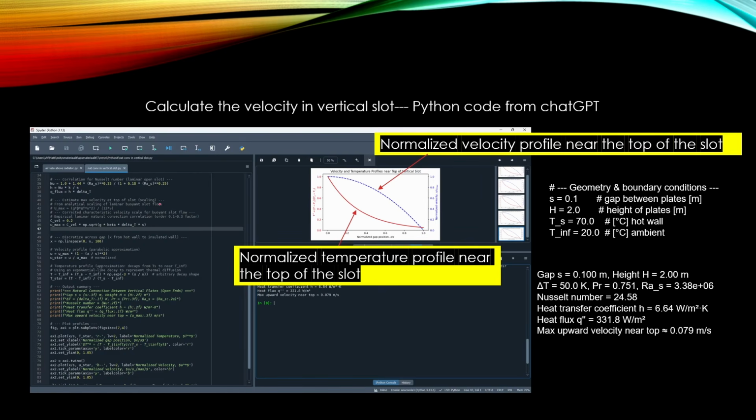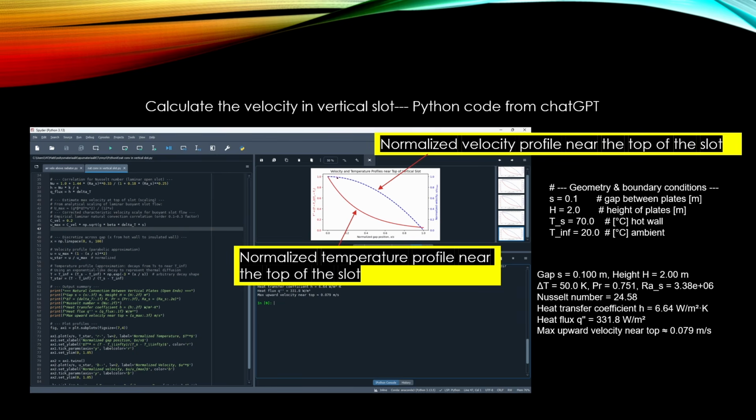I calculated an example case using Python code, and in this case this distance is 0.1 meter and the height of the plates is 2 meters and the temperature of the heated plate was 70 degrees C and the temperature of the other plate 20 degrees C, and here we see the results.